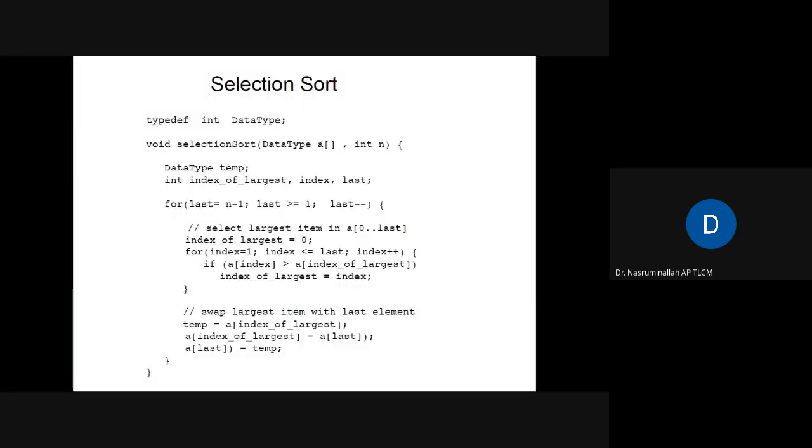So again, in order to explain it again, we have a function. To the function we pass an array containing n elements, and then we define two nested loops.